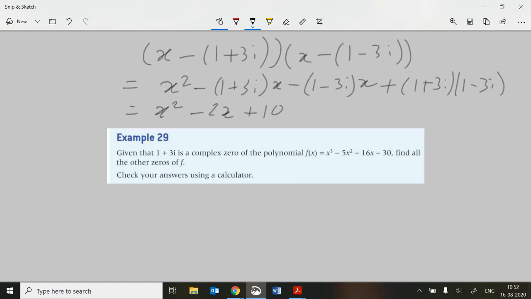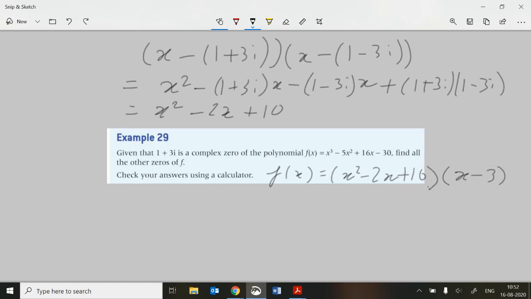So we now know that f of x is equal to x squared minus 2x plus 10 times another factor. And given that this is a complex zero and we're looking for all three factors, our last one should hopefully be x minus 3 to get that minus 30 here.